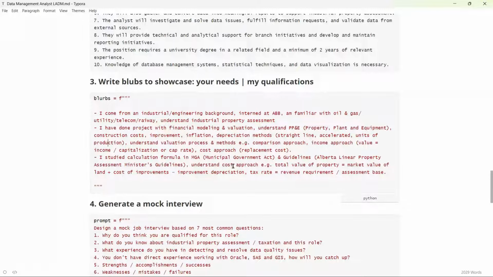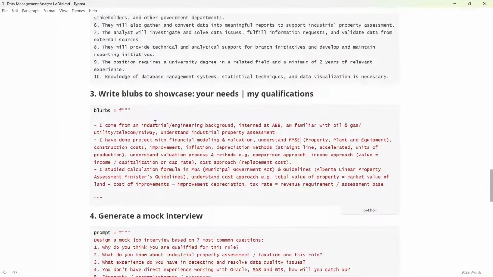For instance, this is for one particular candidate that I mentored. I come from an industrial engineering background. I interned at ABB. I'm familiar with oil and gas, utility, telecom, railway. I understand industrial property assessment. I have done projects with financial modeling and evaluation. I understand PP&E. Those of you from an accounting background probably understand this: PP&E is property, plant, and equipment.